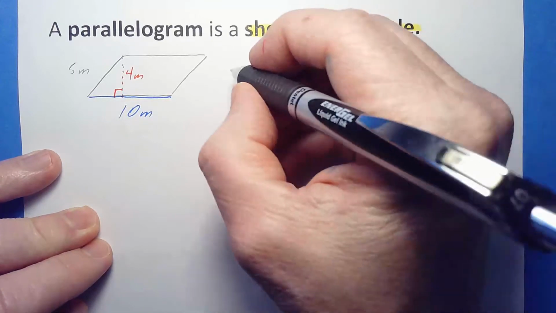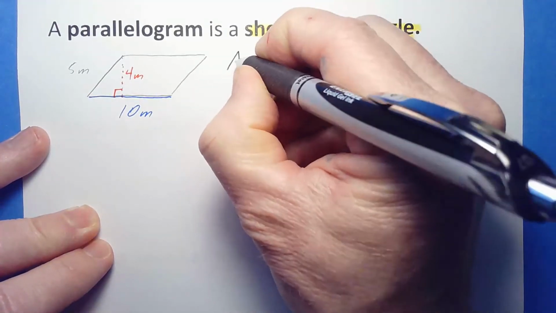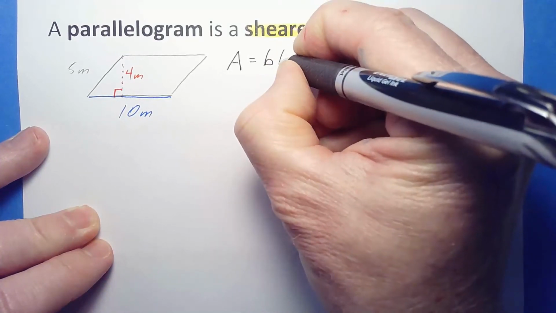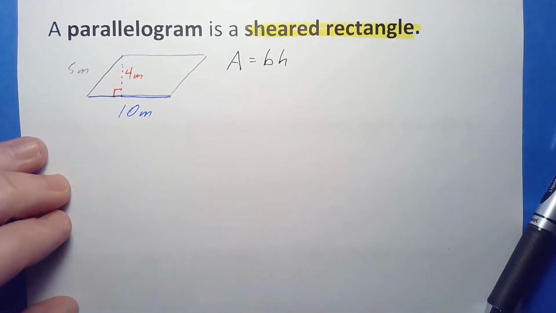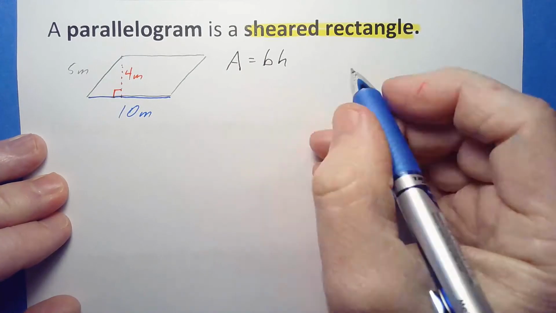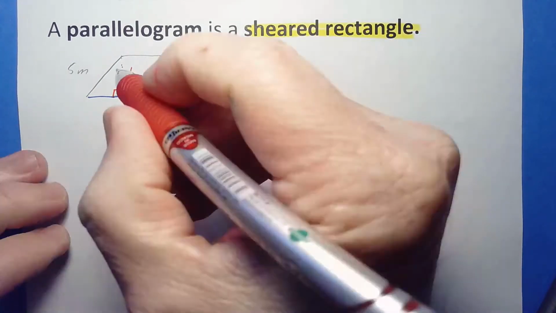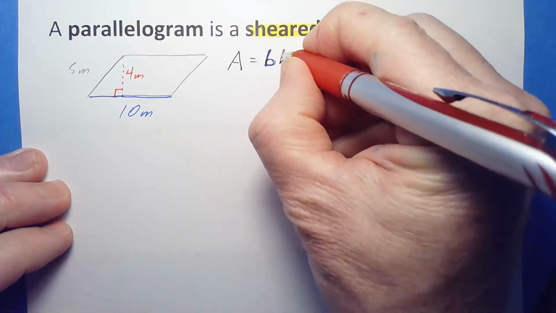So the formula is going to be area equals base times height. And again, the base is this dimension right here, and the height is this dimension right here.